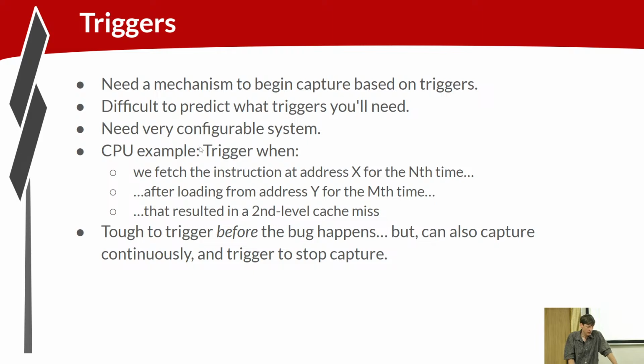So for example, in a CPU, right, maybe you want to trigger when you fetch the instruction at a particular address. So you want to be able to set up your trigger for that for the nth time, right? After loading an address from some other address for the nth time, that resulted in a second level cache miss, right? You want to be able to configure all these things.